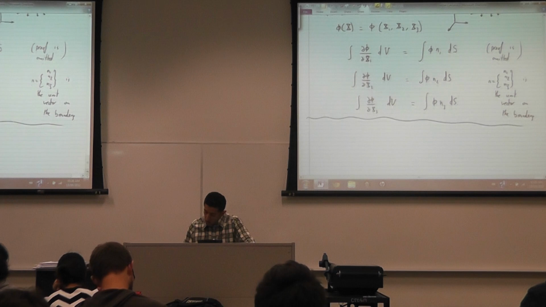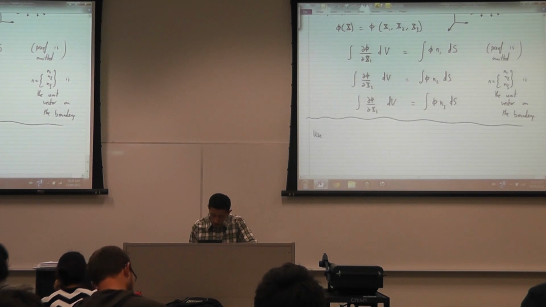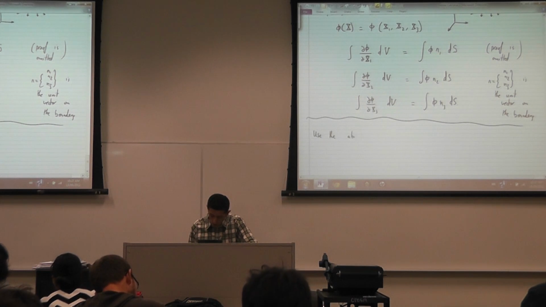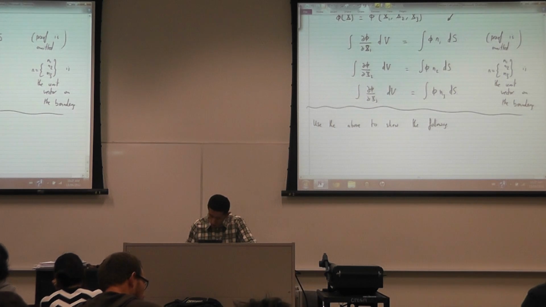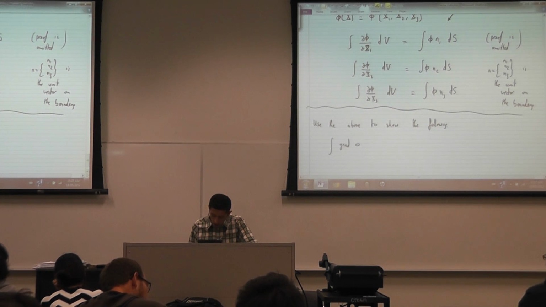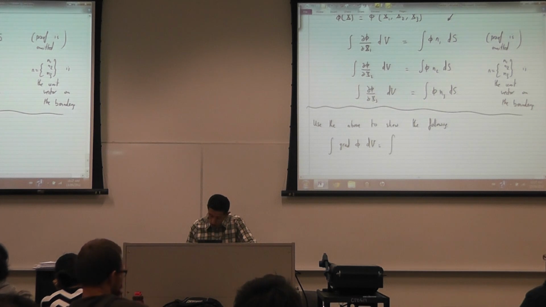But you need the divergence theorem, use the above, to show the following. The integral of the gradient of phi dv is equal to the integral of phi n ds.